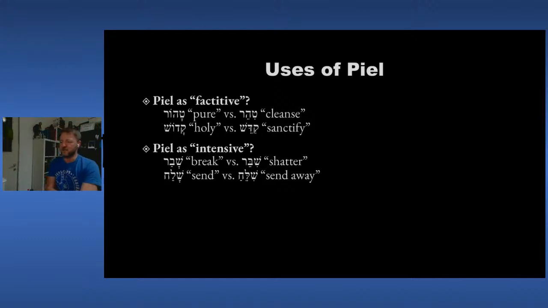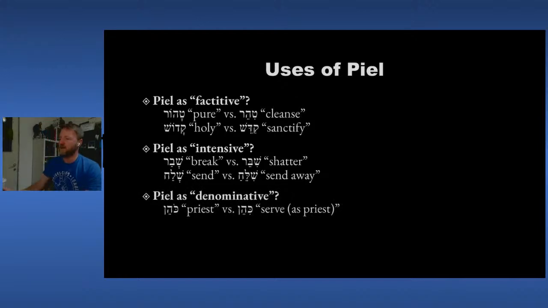Shalach, he sent, like I sent something in the mail, or I sent messengers, but Shileach, he sent away. So when Moses goes to Pharaoh, he doesn't say, send my people into the desert. He says, send my people away, which is translated as, let my people go. Shalach et ami, send my people away, let them go.